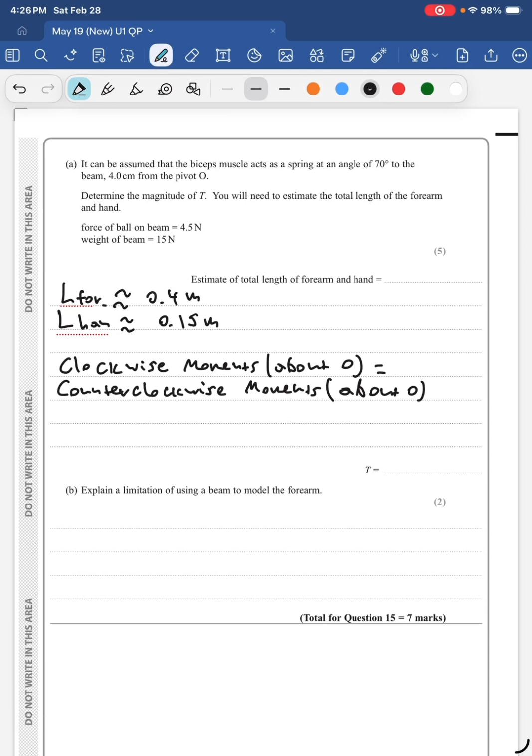Okay, part B. Explain a limitation of using the beam to model the forearm.